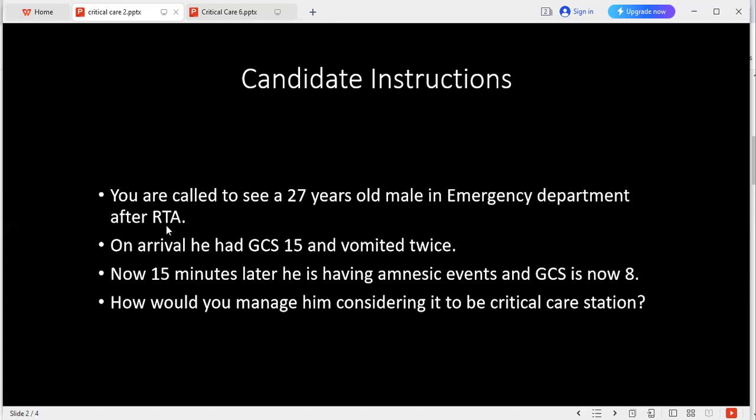Okay, can you tell me, according to the NICE guidelines, when exactly you should ask for a CT head for this particular patient?